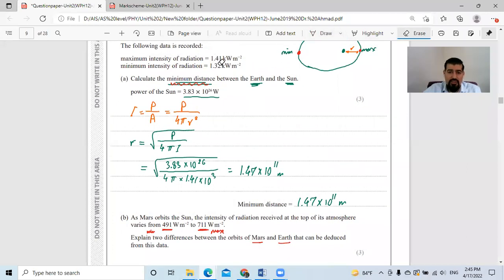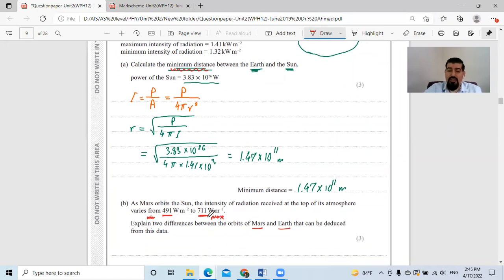So for the Earth, the difference between the maximum and the minimum radiation intensity is not that large compared to their value, but for Mars, there is a huge difference between, for example, 490 and 710. There is a huge difference compared to the original value, okay?